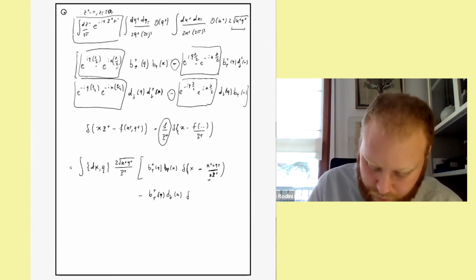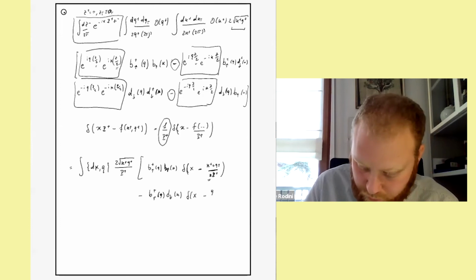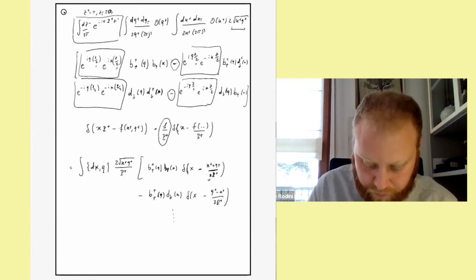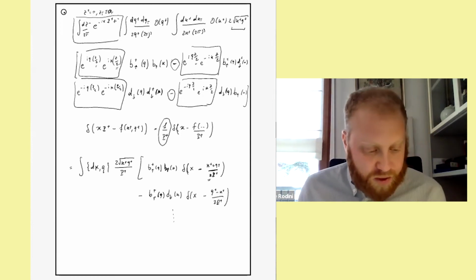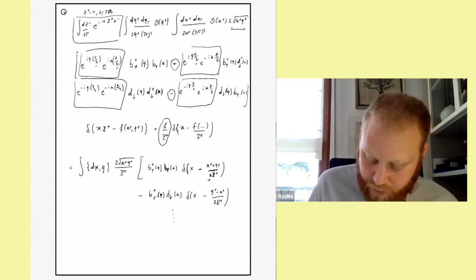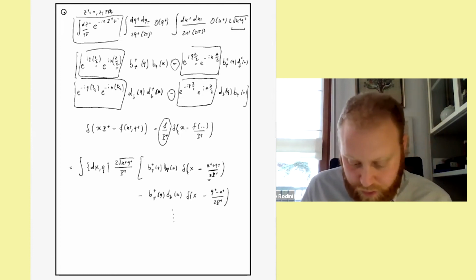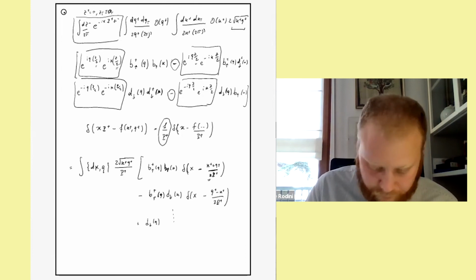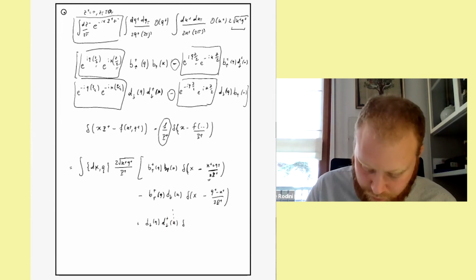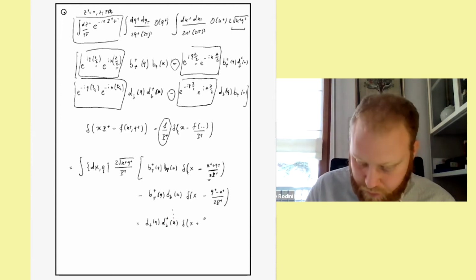Okay, then x minus q plus minus q plus q plus, and so on and so on. So you just get a bunch of different structures, and one thing you can notice is, let me write also this: b down of q, b dagger down of k, delta of x plus (q plus k plus) over 2p plus.